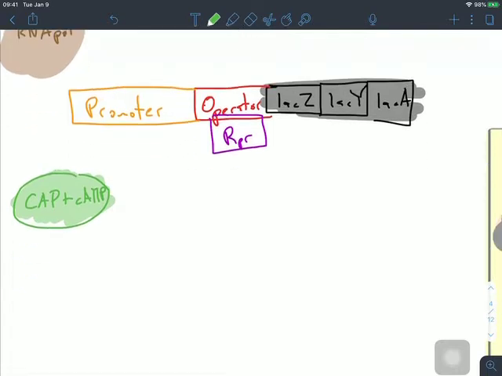So what is CAP-cAMP? We know that the promoter is DNA, the operator is DNA, the repressor is a protein. The CAP-cAMP complex is a catabolite activator protein, so it is a protein sequence.